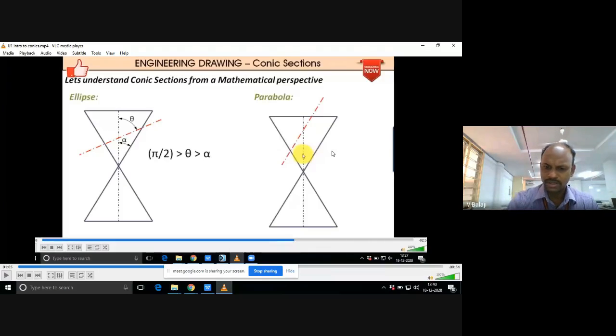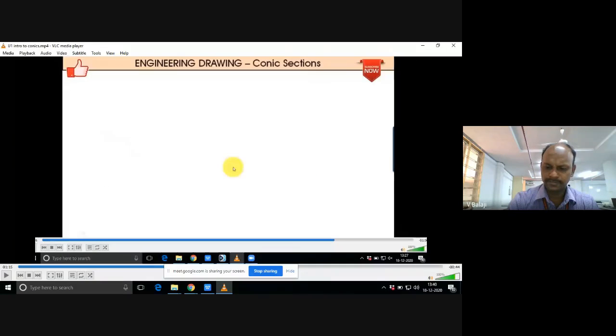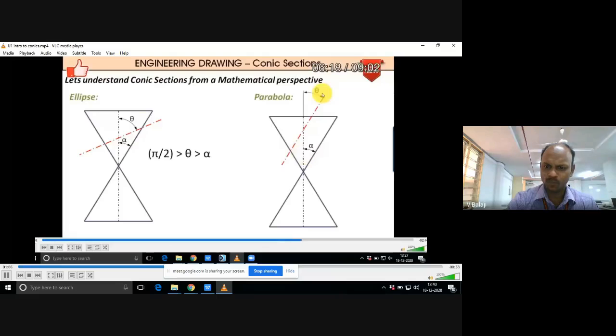Similarly, the parabola. See the angle here. You can identify the differences. Here you see that theta is equal to alpha.